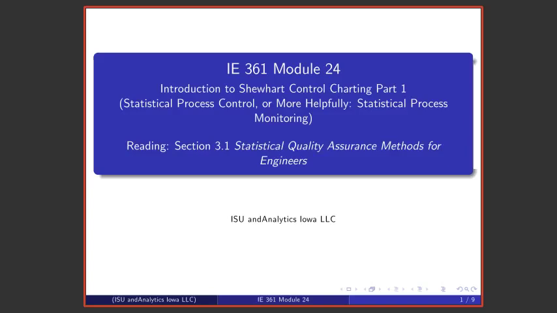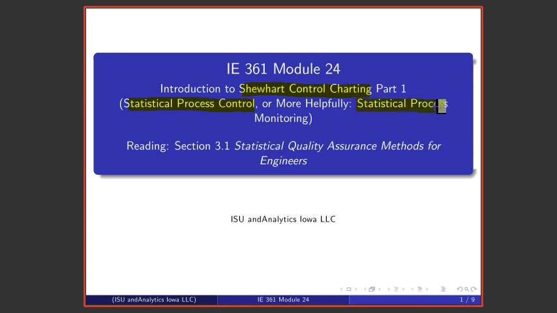Welcome to Lecture 24 in this series of modules on statistical process improvement and statistical quality assurance. We've come to the part of this course that has to do with so-called control charting. It's the part of the course that is technically closest to so-called statistical process control.